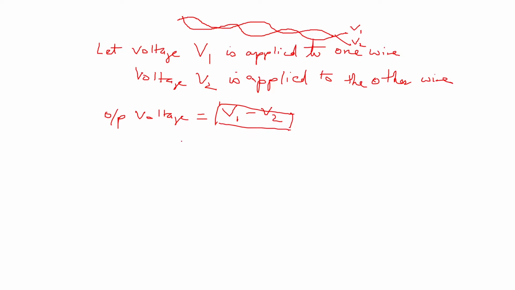Now here let noise be added to each wire. Then for the first wire, it will be V1 plus noise voltage Vn, and for the second wire it will be V2 plus noise voltage Vn.